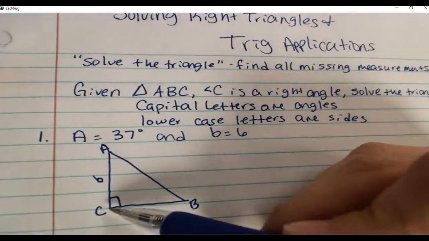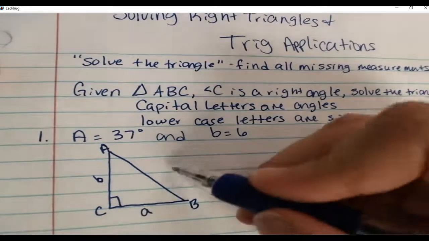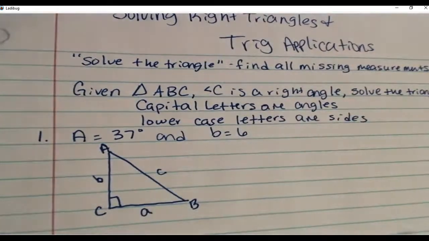And then C is our right angle across from it. Our hypotenuse today is little c. Your lowercase are always opposite of the big ones. Any questions on that?